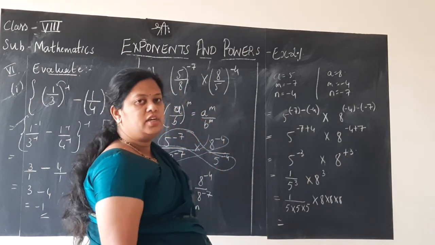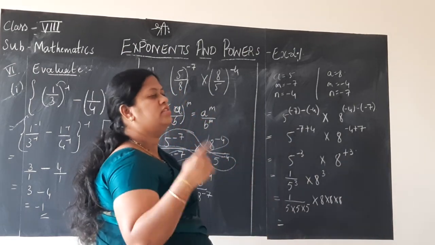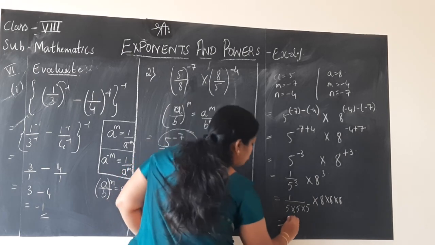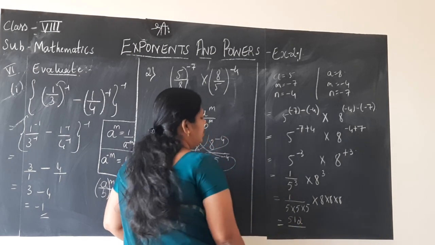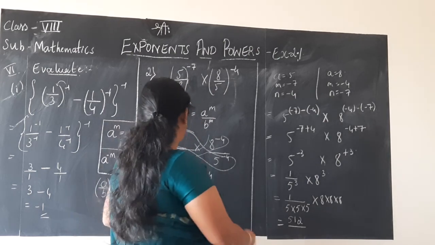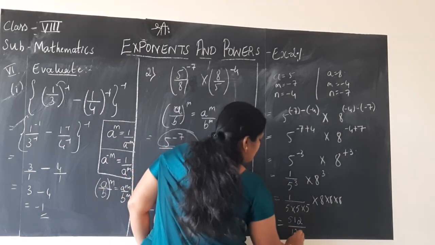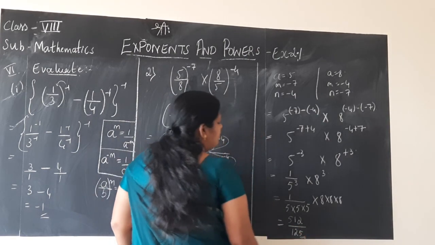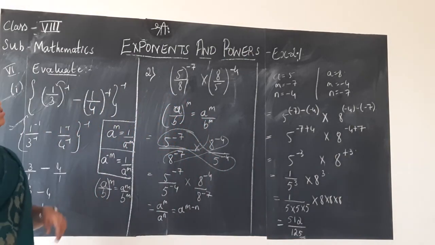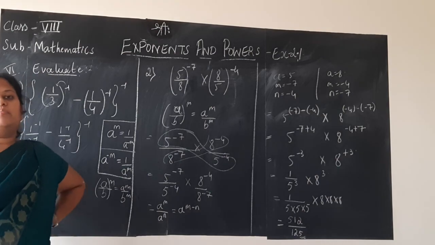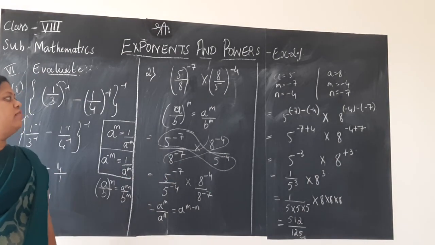What is 8 cube? 8 8s are 64. 64 into 8, when you do, you will get 512, divided by, just now we wrote somewhere, 5 cube is what? 125. 512 by 125 is the answer. You need not simplify further. You can stop at that point. That is how you will solve.